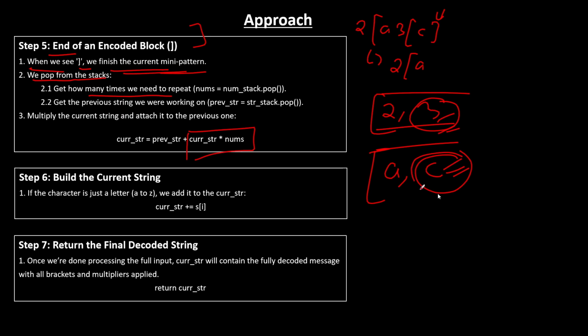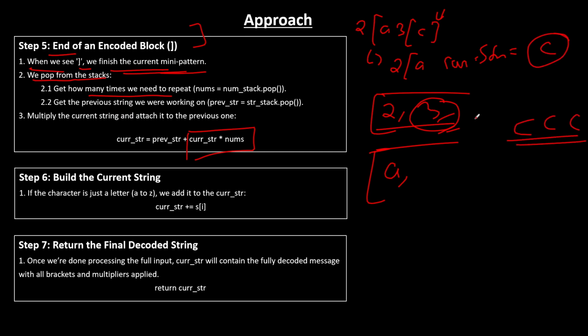So C is not stored in the stack basically, it is present in our current string. The current string has C. So we multiply it 3 times, you get triple C. And in the previous string, we pop this, right? We have A.